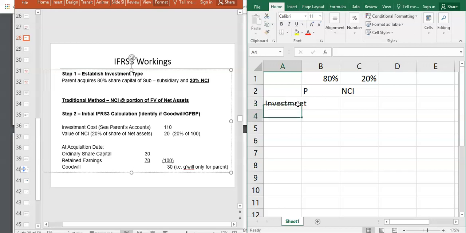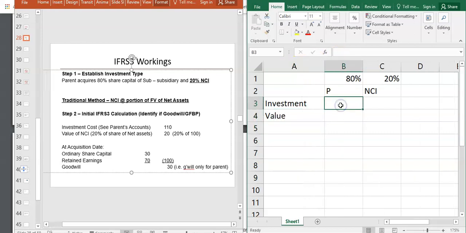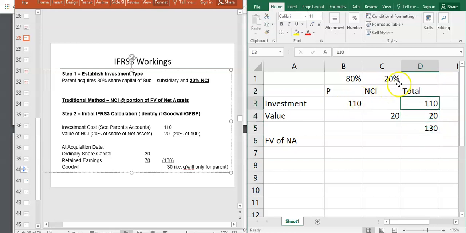The investment here, and then you have the value for the NCI. So the investment for P paid 110, and we said we valued the NCI at 20. So that will mean in total you'll have 110 and 20, which is your 130. So we're just looking at in total, which is the 100%.